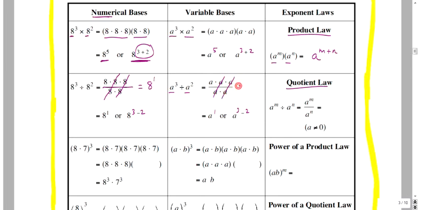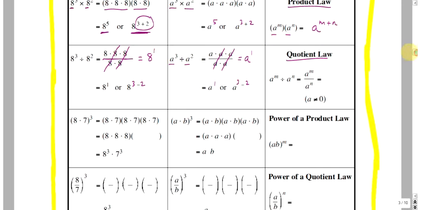A divided by A, it's gone. This is just A or A to the 1. Okay? Again, I don't care what M and N are. If you're dividing with the same base, you can subtract the exponents. Okay?